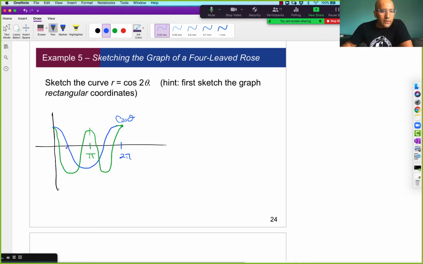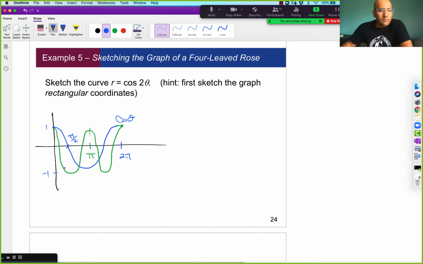So here, this is going to be pi over 2. From 0 to pi over 2, this cosine value is going to go from a value of 1 down to 0, and then all the way down to a value of negative 1.